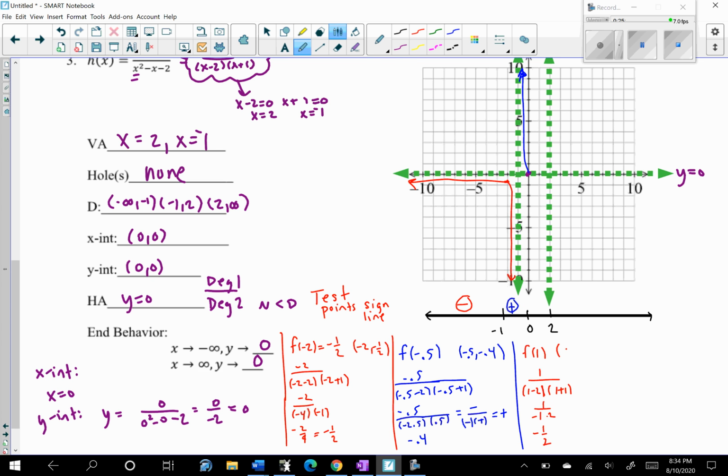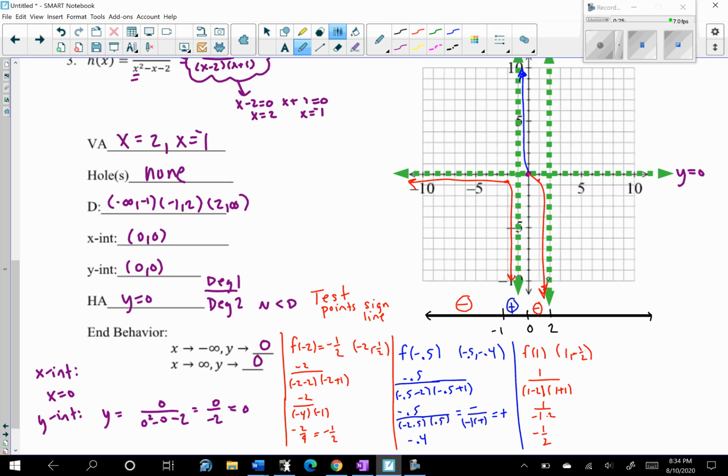So the point would be (1, -1/2). And again, I don't really care about that value because I just need to figure out what the sign is. So the sign's telling me it's going to be in the negative region. So if you want to plot the point, you can, or you know that your graph is going to go down towards negative infinity at that asymptote.